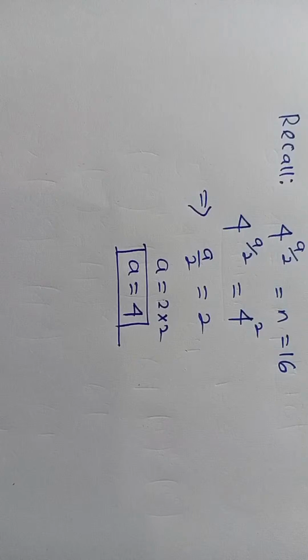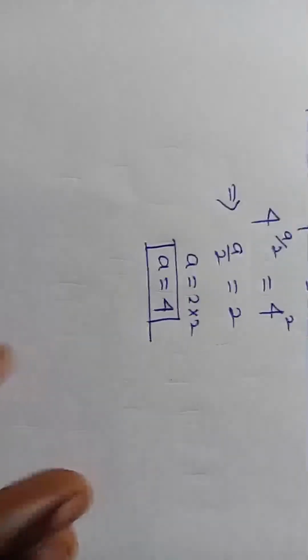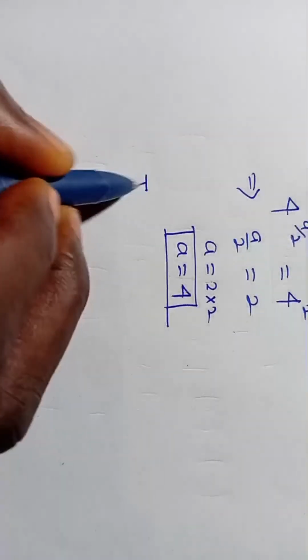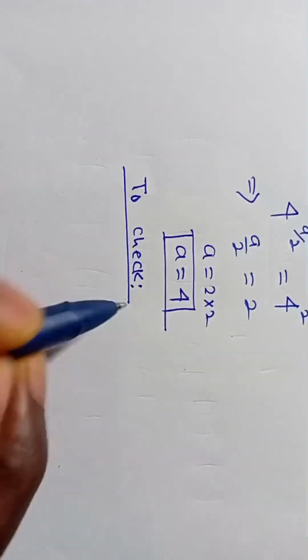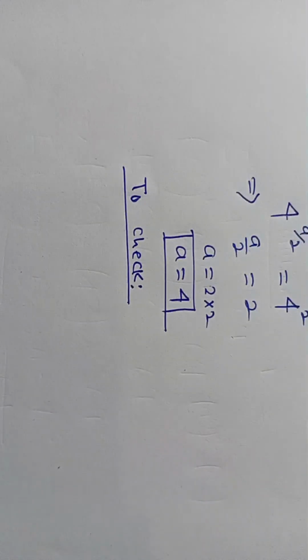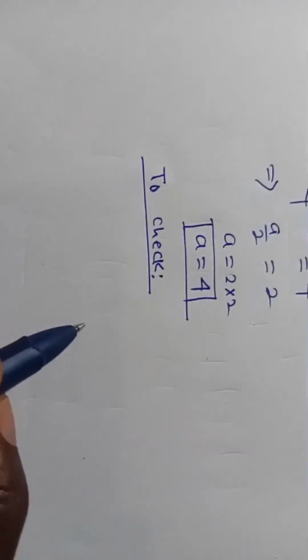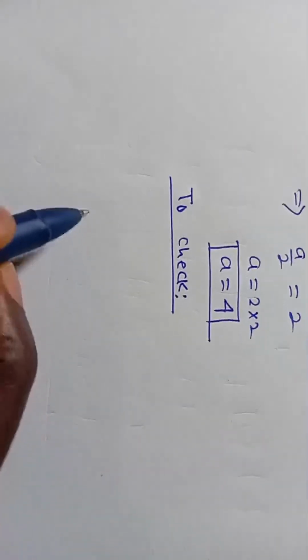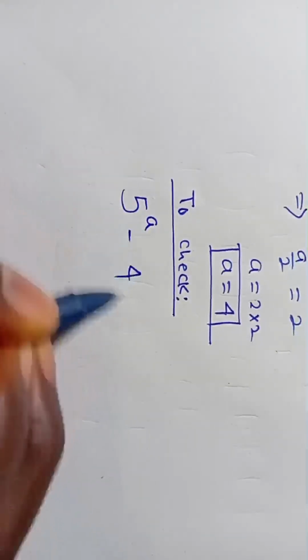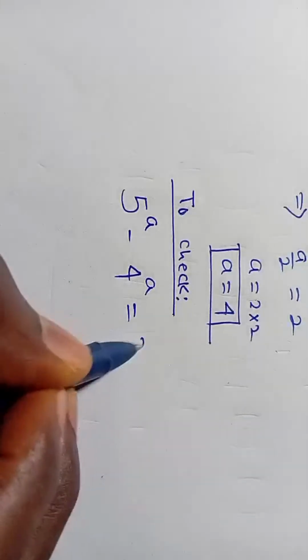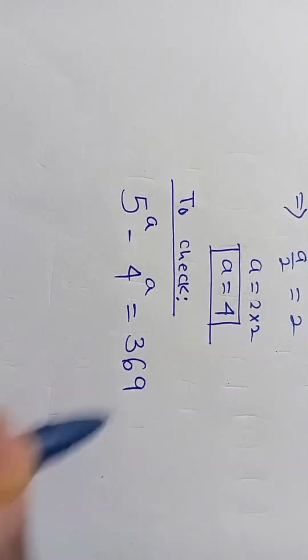And if we want to check, we have to recall from the problem given to us that we have 5 to the power of a minus 4 to the power of a equals 369.